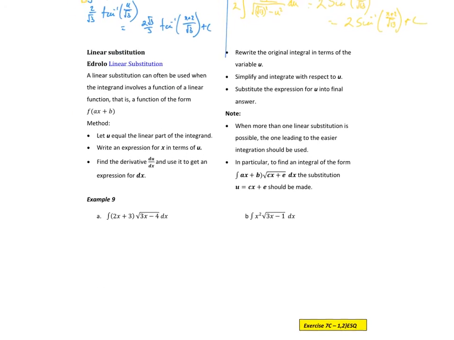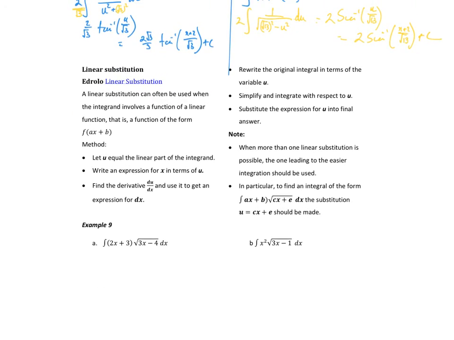The final little substitution method that we use for our u substitution is sometimes when we have linear functions, and it's that linear function underneath a square root or raised to a power, that sort of thing. And whilst it might not seem as if it's a valid process, it makes a massive difference.